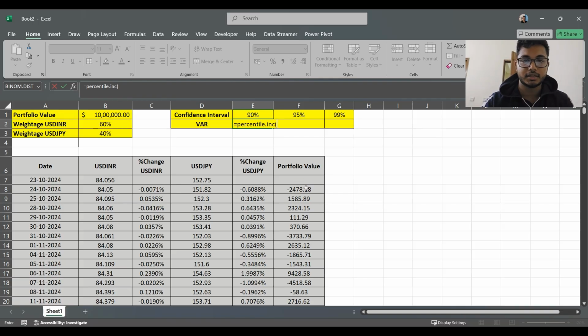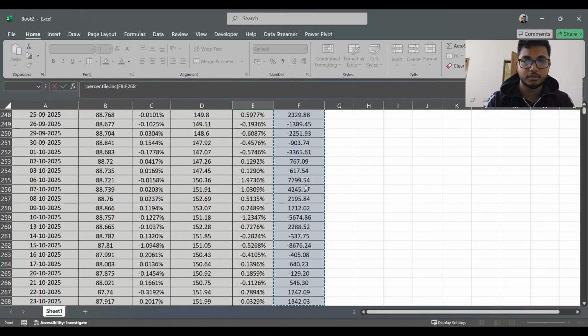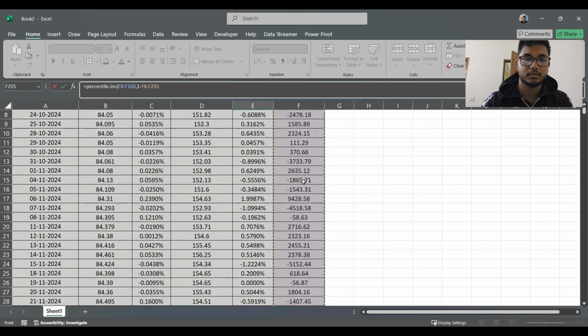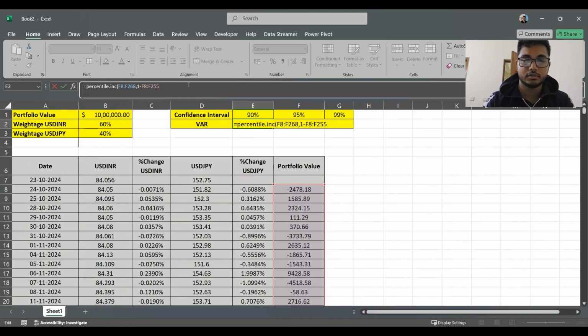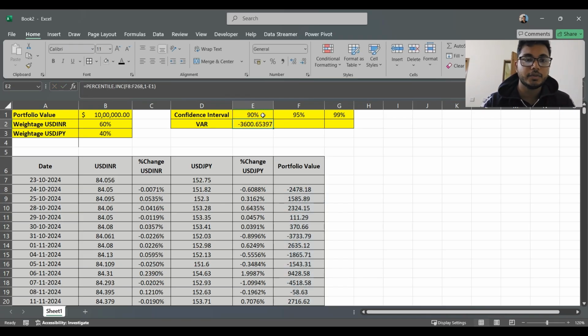We are going to just take this array, comma, 1 minus this value here. So we find that for the 90% confidence interval it is 3,600.